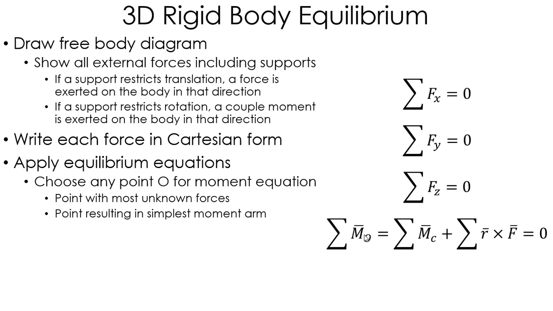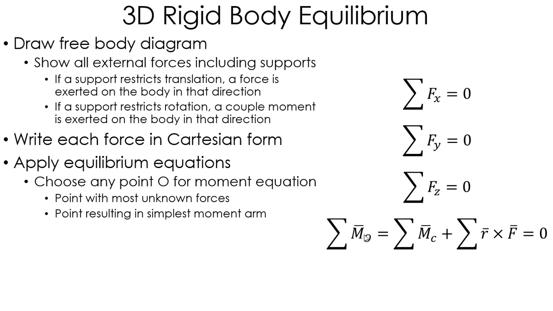The other thing you can do is realize that I'm going to have to do a 3-dimensional cross product and choose a point that makes a very simple moment arm, maybe a 1-dimensional moment arm, in my r cross f part of the equation, that will make that cross product much easier to deal with. So it's just a trade-off which is easiest to deal with: get rid of a lot of unknown forces or make really easy cross products for yourself.